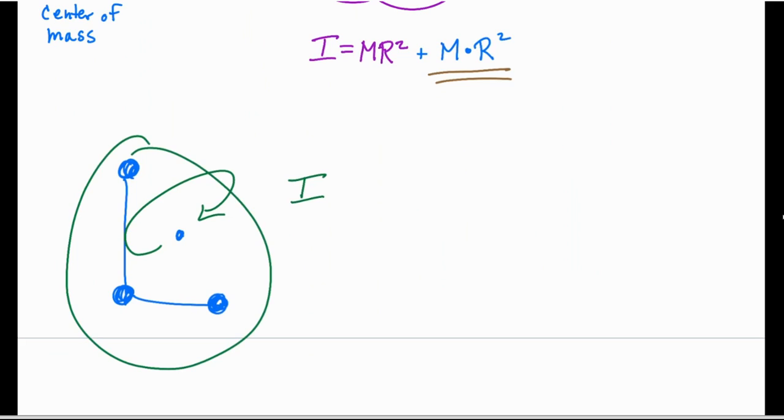And then I could say, hey, let's say now I've figured out what that moment of inertia is around this point, and now I want to rotate it around this point right there. Then I could use this as that r. And so whatever my old moment of inertia was from the whole thing, I could then go plus mr squared, where this is the distance from the old place I was rotating it to the new place I'm rotating it. And then I'm able to figure that out without doing all the math all over again. Hope that's helpful.